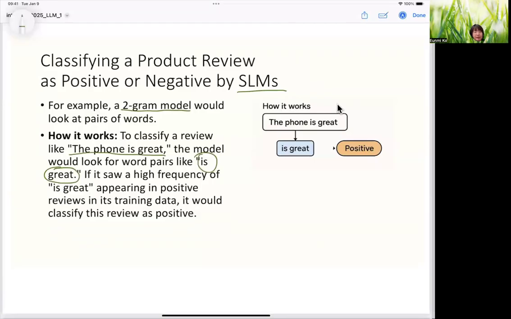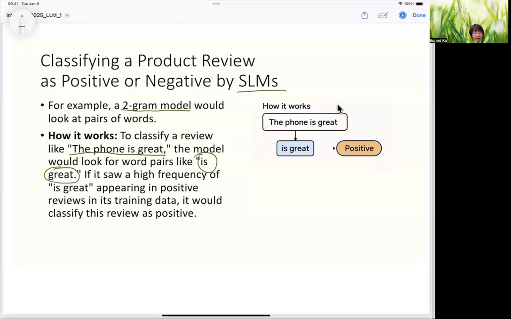If we give an example to the model that "the phone is great" is a positive review, then this model will look for the reviews that contain "is great," the sequence of these two words.